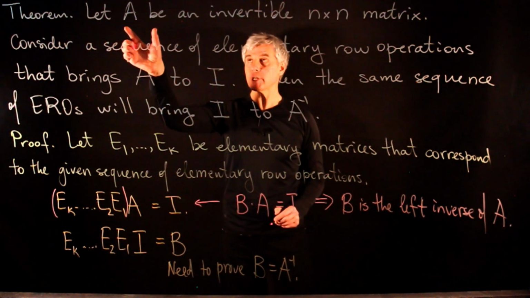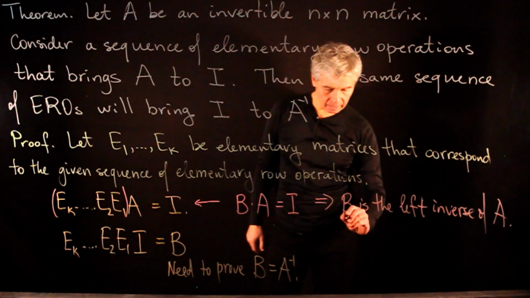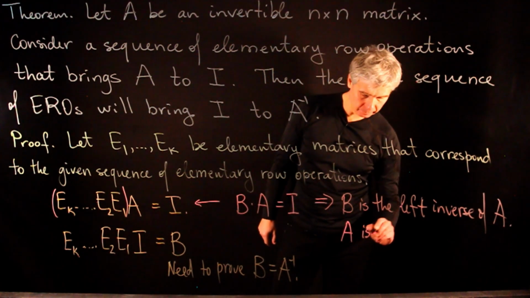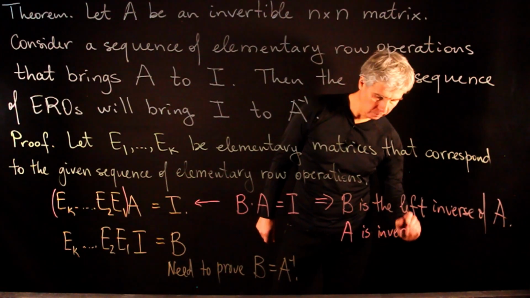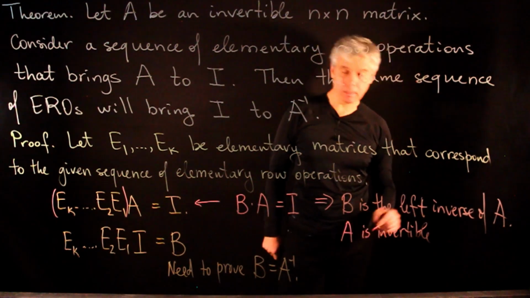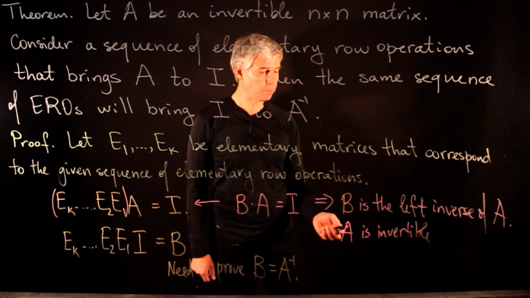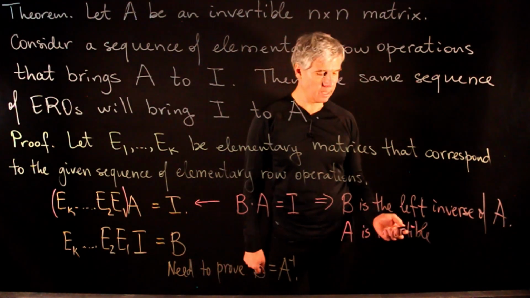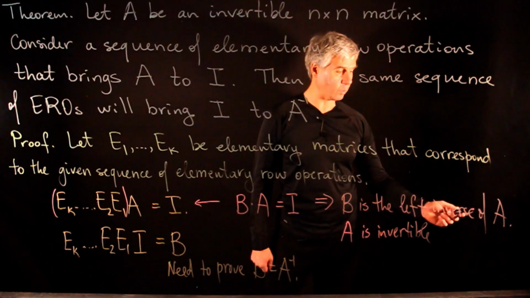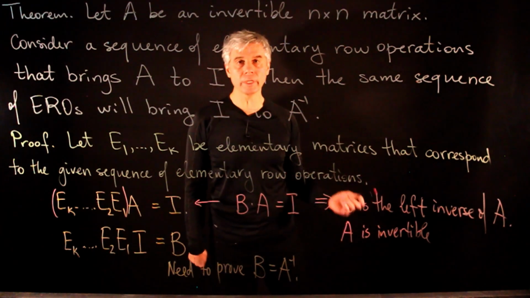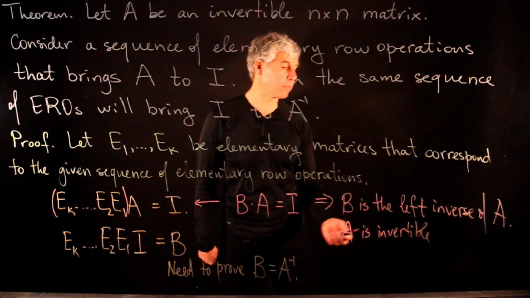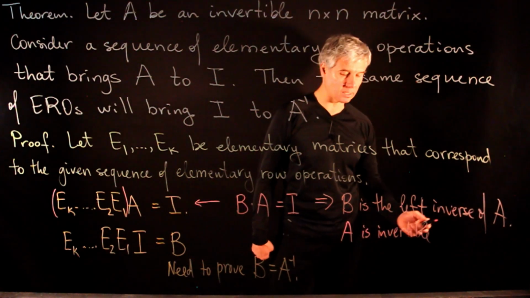Recall that the assumption of this theorem is that A is invertible. And in the previous lecture, we proved that if we have an invertible linear transformation, then its left inverse is equal to the full inverse of this transformation. And the same arguments apply to matrices as well.